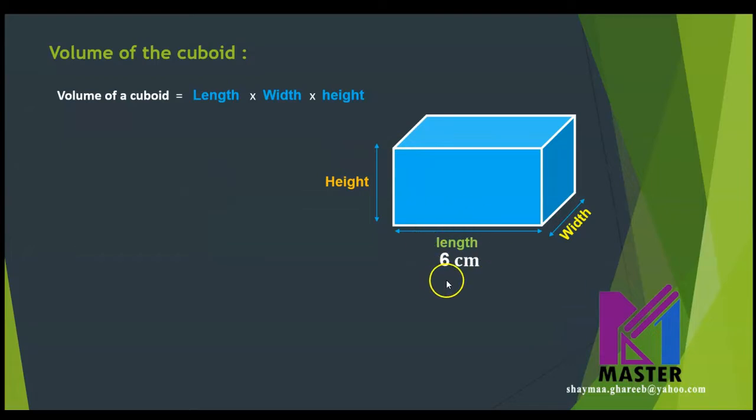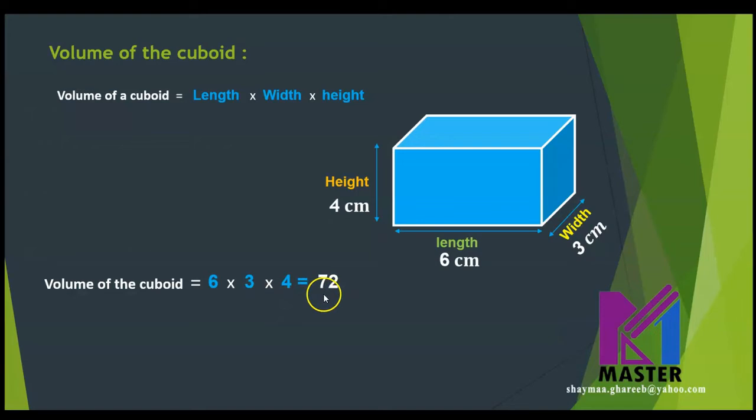For example, if the length of this cuboid is 6 centimeters and the height is 4 centimeters and the width is 3 centimeters, then the volume of this cuboid will be 6 times 3 times 4. 6 times 3 is 18, times 4 equals 72. And what about the unit? We said the volume. Do you remember the units of measuring a volume? We said it before, cubic units. And this is centimeter, so it will be cubic centimeter. And don't forget the unit when we measure volume, okay?